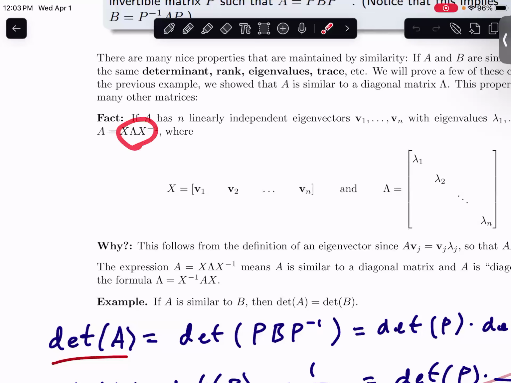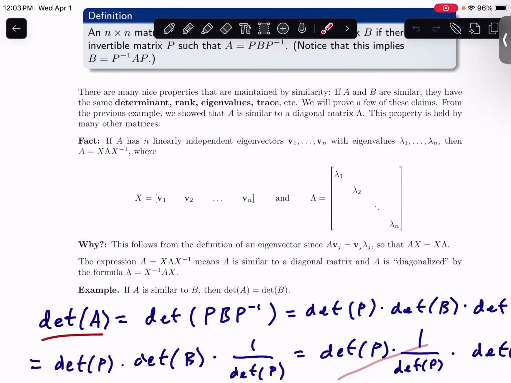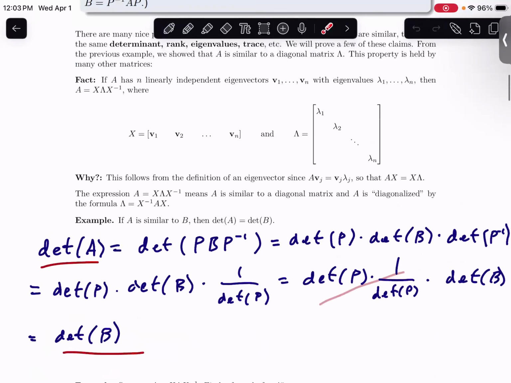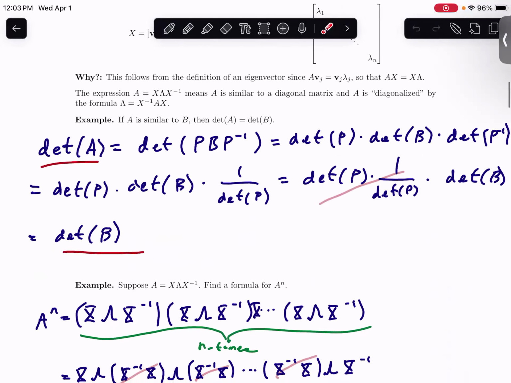You don't need to know that terminology, but you have X times Lambda times X inverse, where X is a matrix whose column vectors are given by your linearly independent eigenvectors, and Lambda is a diagonal matrix where the diagonal is just your eigenvalues. And so if you can find eigenvalues and eigenvectors and you see the eigenvectors are independent, then it's not so bad to find the diagonalization.